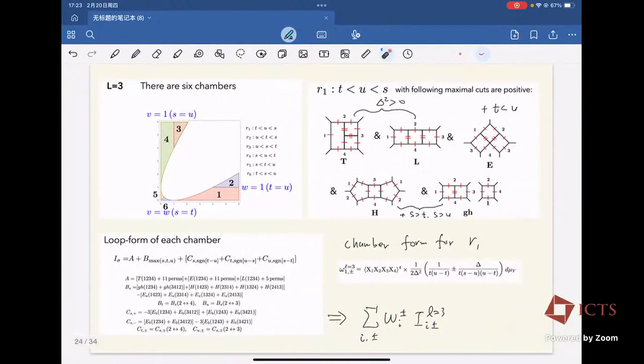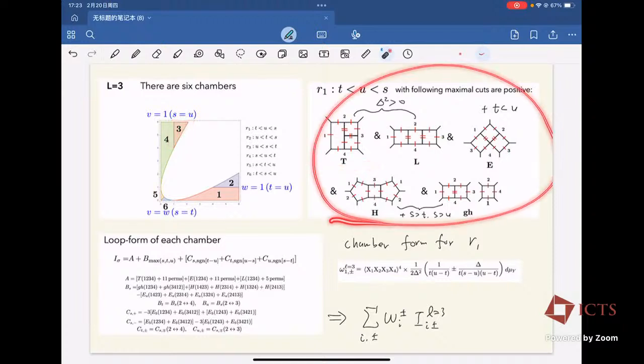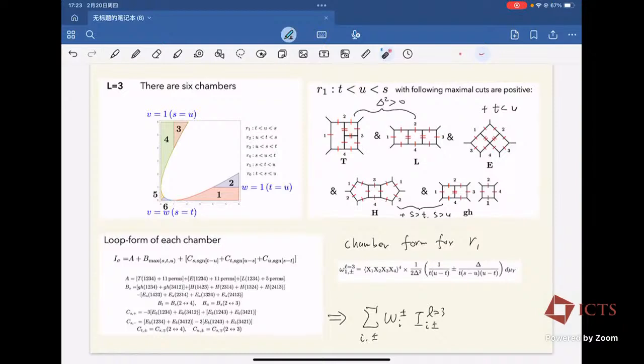But for the correlator, we did it for 3 and 4 loops, and the 4 loops has not been published. The 3 loop case is very simple: you have 6 chambers. Each chamber has its own tree form, which is like a prefactor. So the chamber also tells you what the prefactor of your answer could be. Within each chamber you compute the loop form, which has to be given by some unit leading singularity, so we expect it to integrate to some pure function.